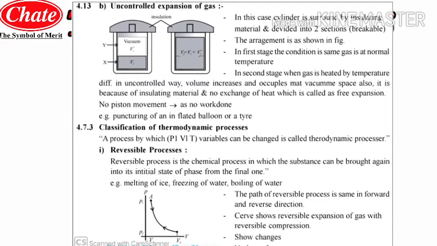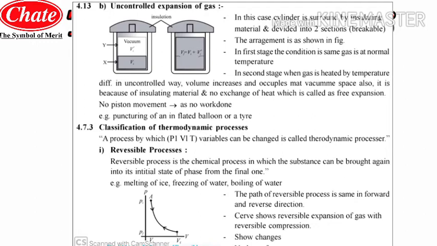But as you can see, insulation is provided and there is no piston arrangement, meaning there is an absence of piston, so there will be no movement of piston, hence there will be no work done. We say there is work done when the piston is moving inward or outward inside the cylinder.